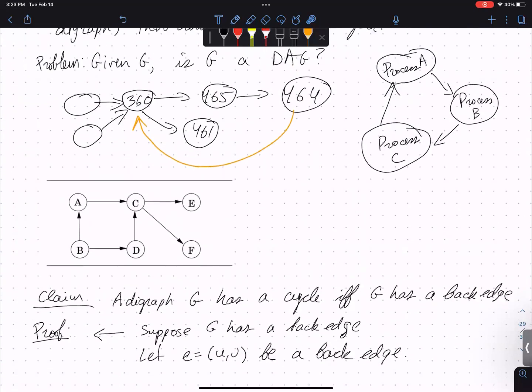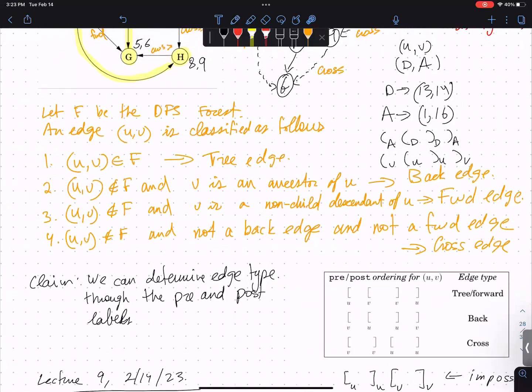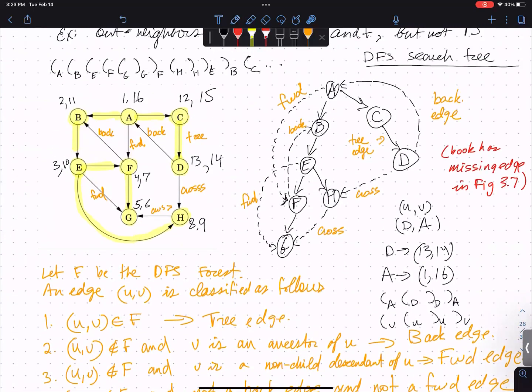Well, to help understand this, let's look at an example here. In our example, we have a back edge. Once you know that that's a back edge, what's the cycle? There's a cycle that contains it, right? This one. Same for this back edge. That gives you a cycle as well.